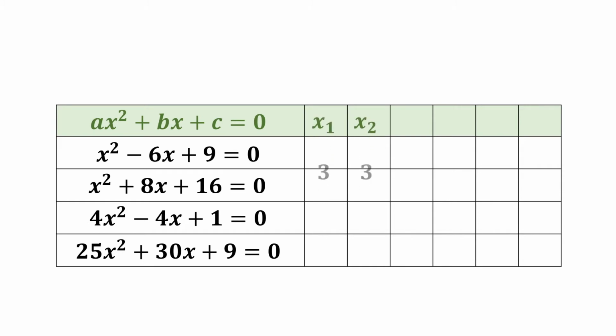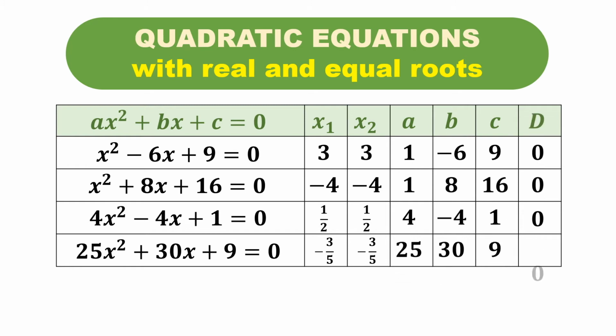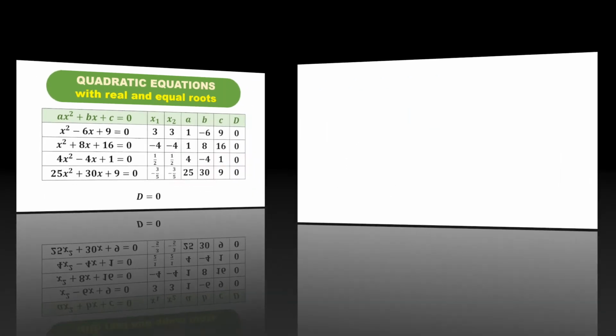If you will solve for the two roots of each of these equations, you will notice that the roots are both real and equal. Also, if you will calculate the discriminant, the value of d of each of these quadratic equations is 0.